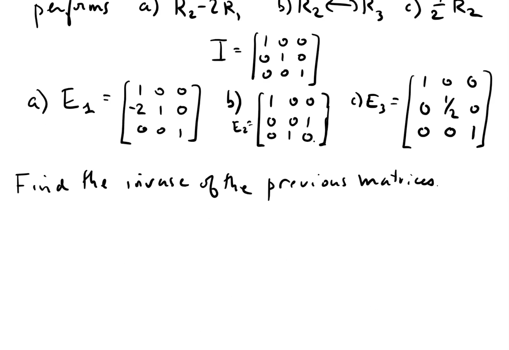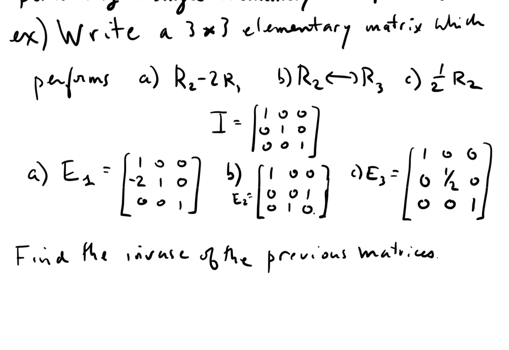Next question is, find the inverse of the previous matrices. And you'll say, hey, hang on, we haven't seen how to find the inverse of a 3 by 3. But here there's a trick, because remember, the elementary matrix is related always to a row operation, and those row operations are invertible. I can always perform another row operation to go back to the state where I was initially.